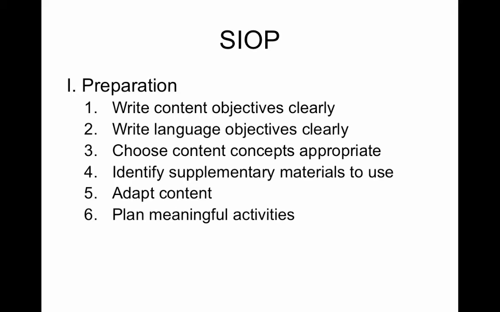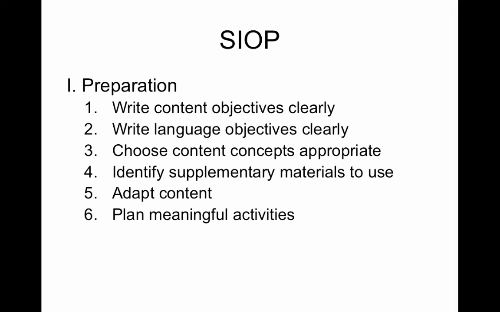In most classes, they will have the content objective, which would come from the Common Core standard that's being worked on, as well as a language objective, which, as you're going to discover later on in the semester, comes from the English language development standards that we started looking at last week. Number three, the teacher in preparing the lesson has to think about the content concepts.